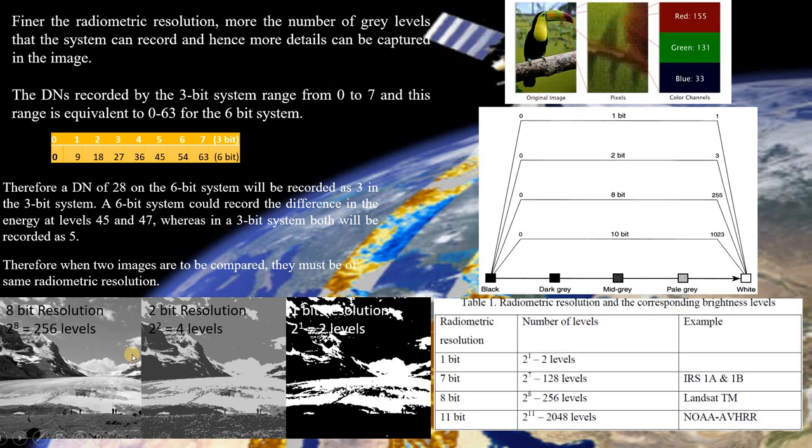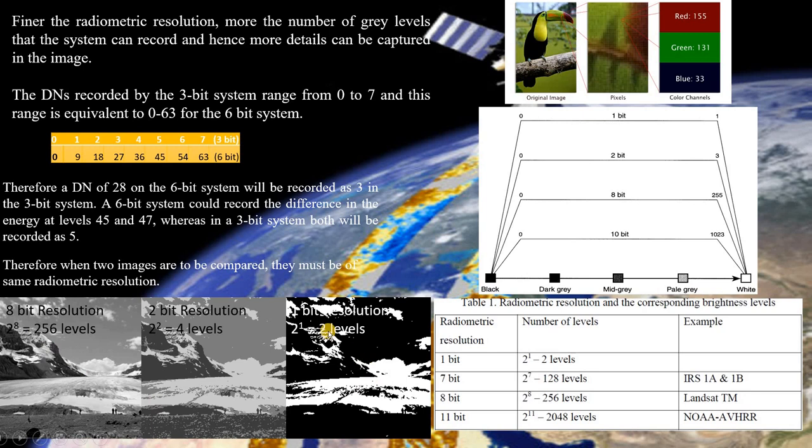See, from this image you can clearly say that in the first image you are unable to say anything, like whether this is a cloud or a man. But as you increase your radiometric resolution by increasing the number of bits in the sensor, you can say that some people are standing here, that some snowfall is happening, or that there is a hill and mountain.